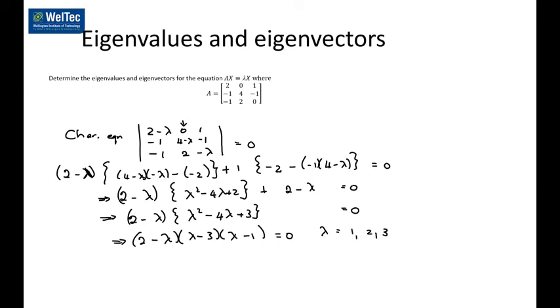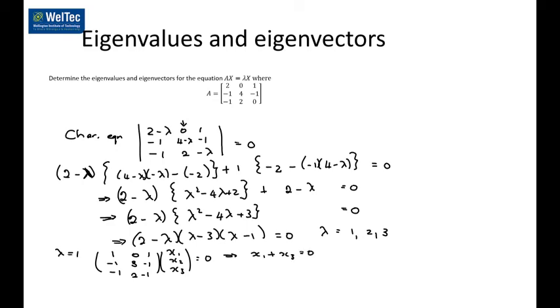Now for lambda equals 1, then the matrix becomes 1, 0, 1, negative 1, 3, negative 1, and negative 1, 2, negative 1, times x1, x2, x3 equals 0. And from that we get that x1 plus, from the first line, x3 equals 0.